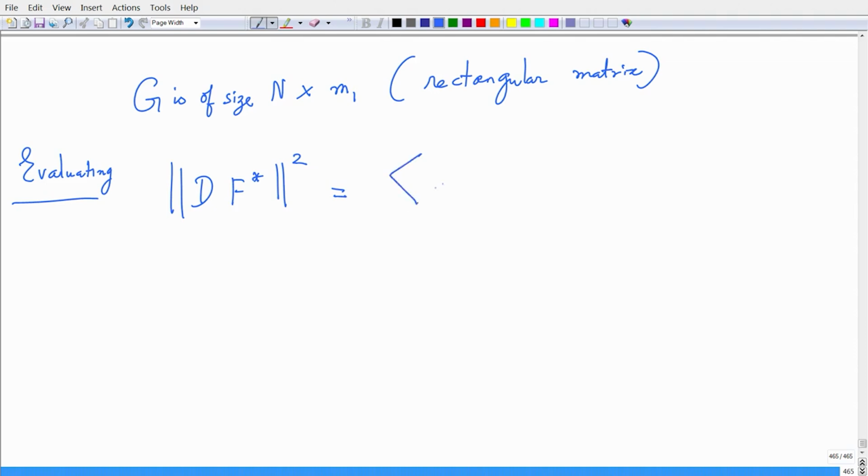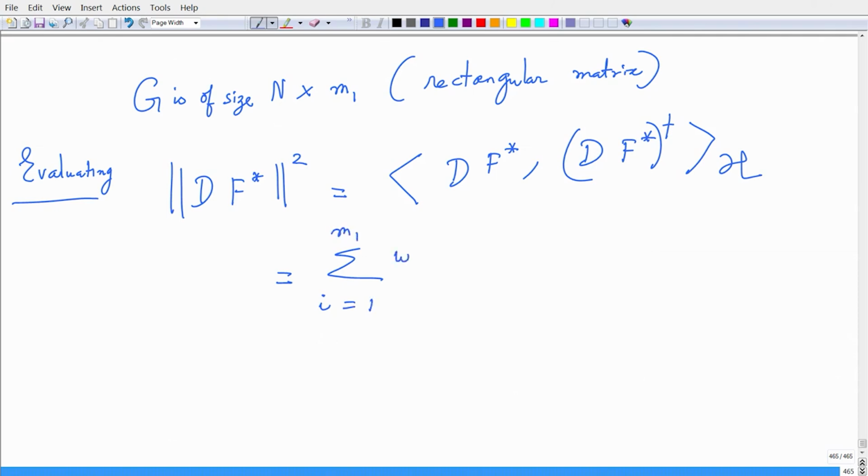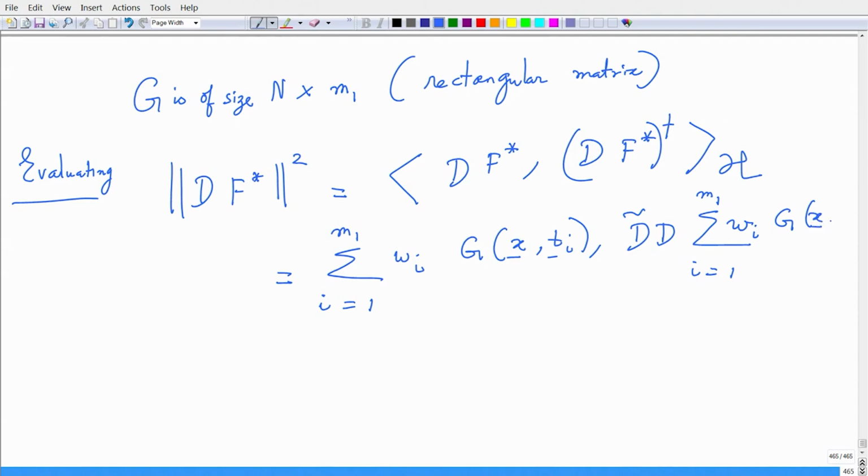This is nothing but the inner product of D f star with D f star, the adjoint, right, in this space H where this inner product is defined, and I can simplify this to be the summation i equals 1 to m1 of w suffix i, this Green's function G with arguments x and t_i, times this D tilde adjoint operator times D times the summation i equals 1 to m1 of w suffix i G of x with t_i.